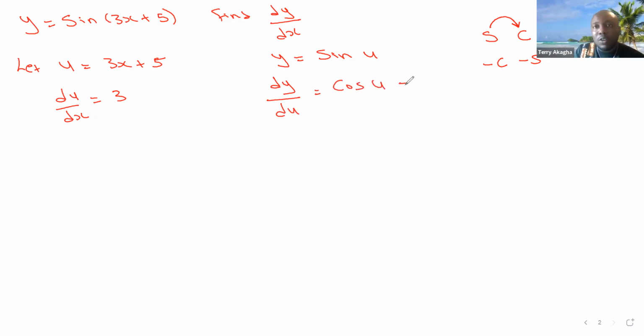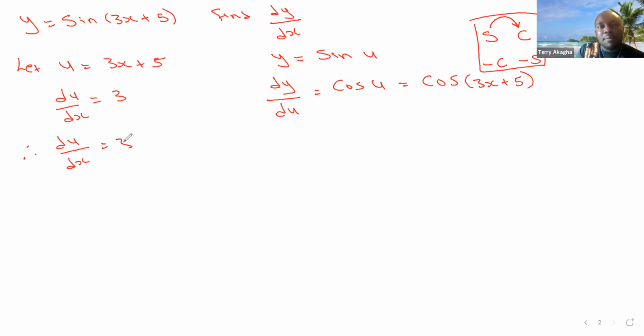But we know that u is 3x plus 5, so this is the same as cos of (3x plus 5). Therefore, du/dx is equal to 3, and dy/du is equal to cos(3x plus 5).